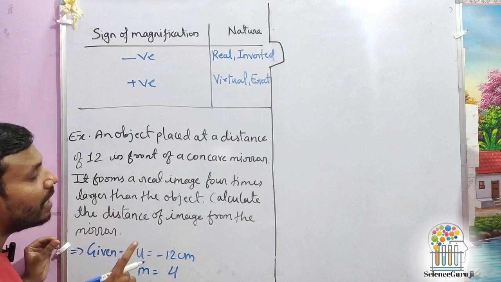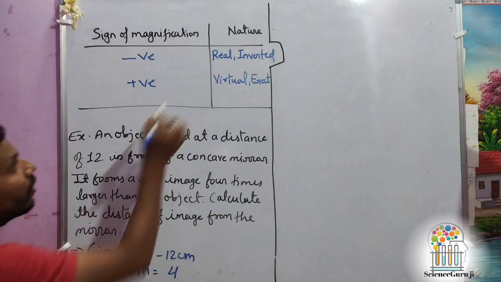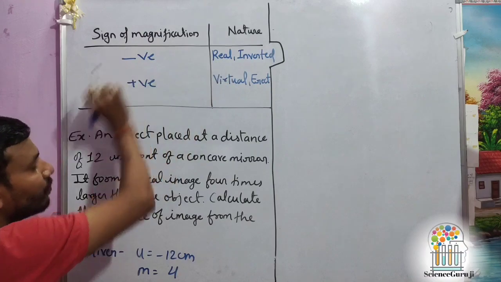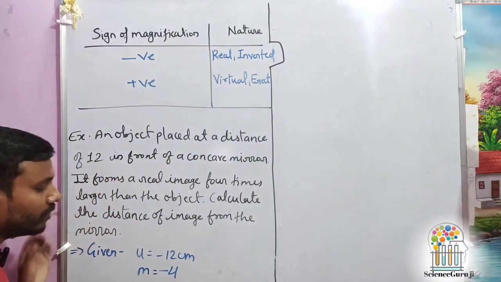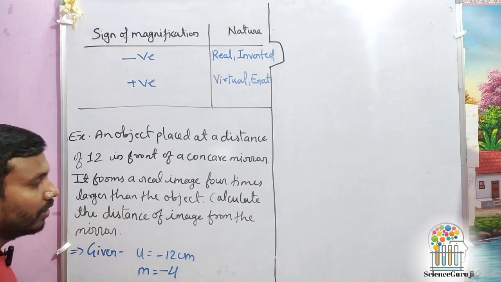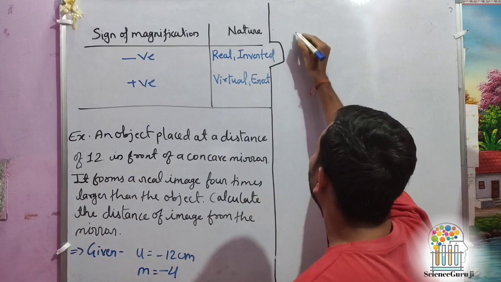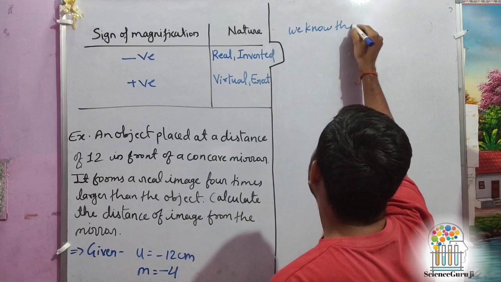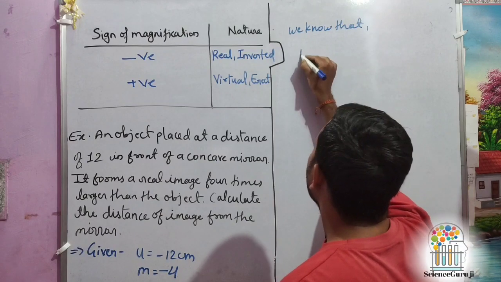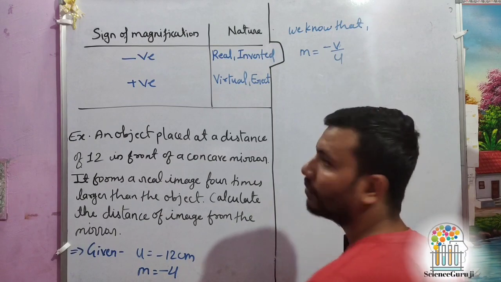The image formed is real, and for a real image we use the negative sign, so here we use minus 4. By the formula, we know that m is equal to minus v upon u.